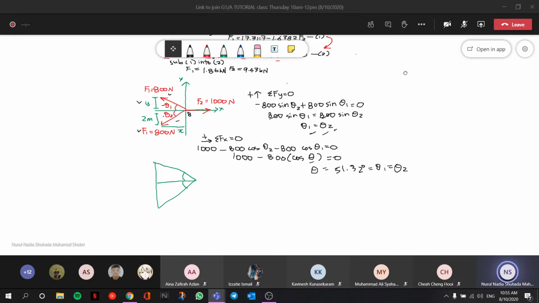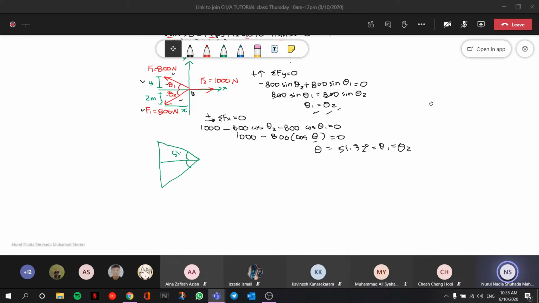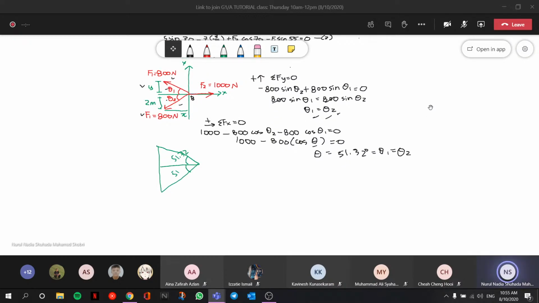Since both angles are equal in value, this is y and this is 2 up until here.